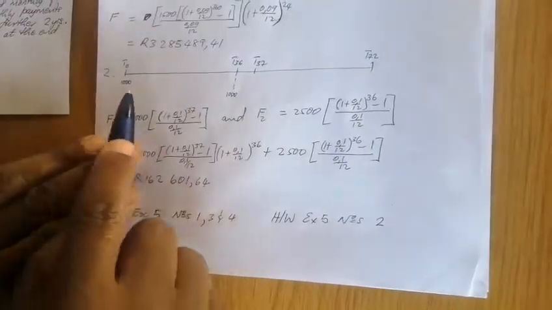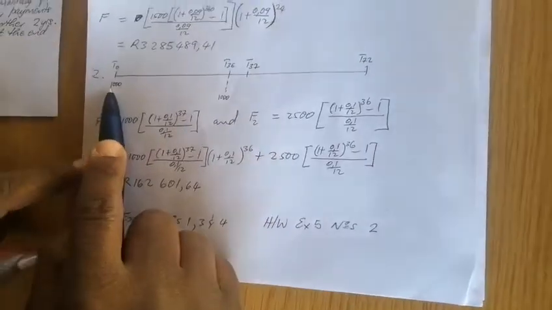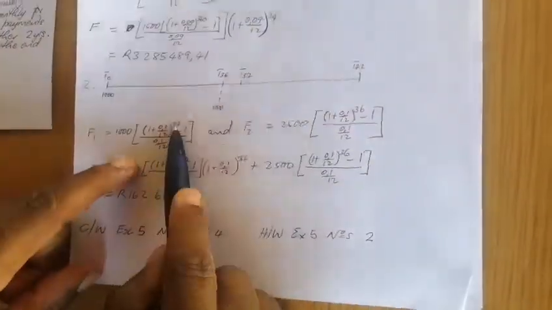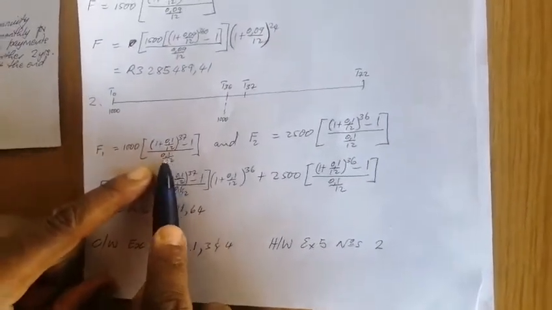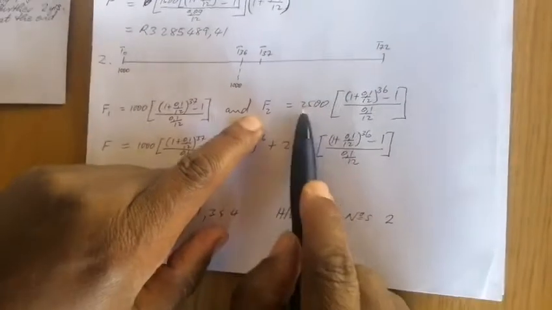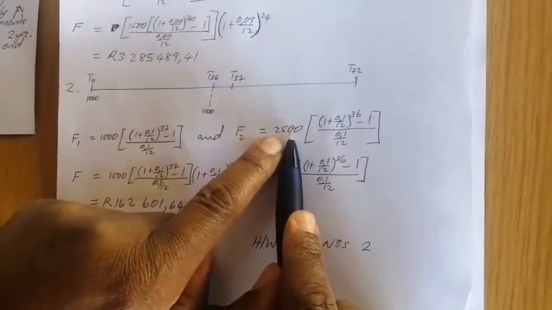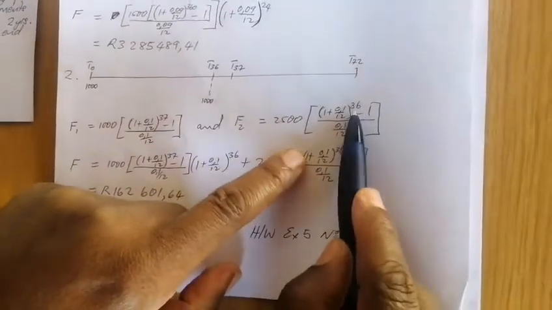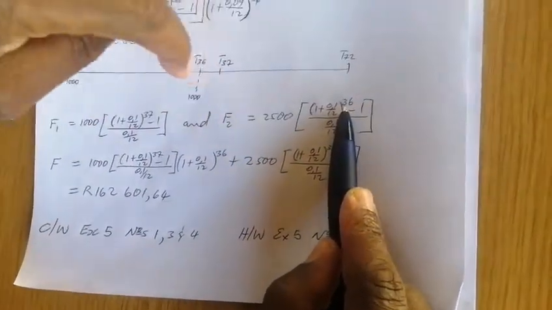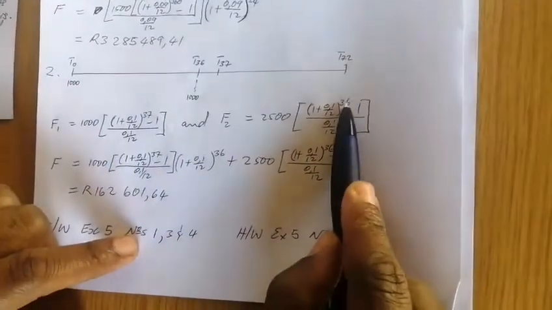Substituting all that we have, remember here it was immediately 36, we add 1, so it's 37, because it happened immediately. So it will be to the power 37. We divide by that, we have a value, and here this one again is now 2,500, and it's for 3 years, and we are starting 1 month after, so it's in order. When we do the second one, we don't change this one.